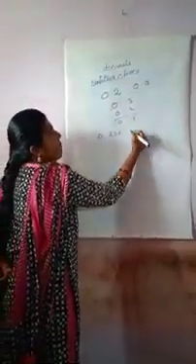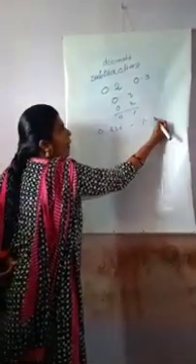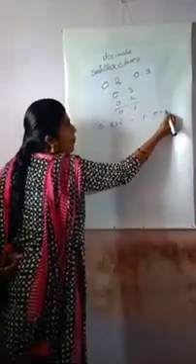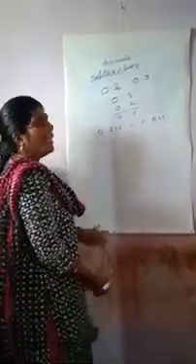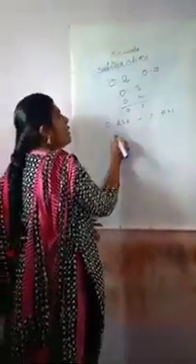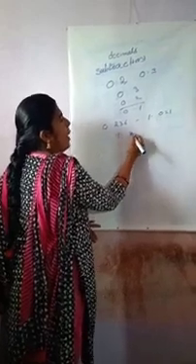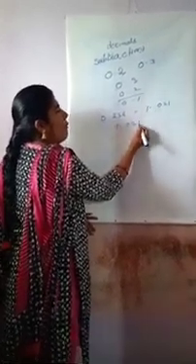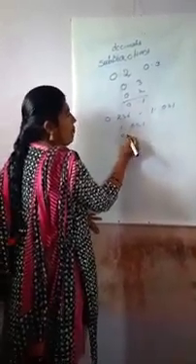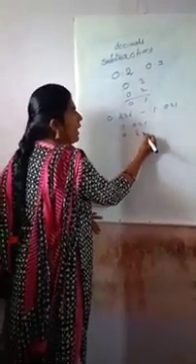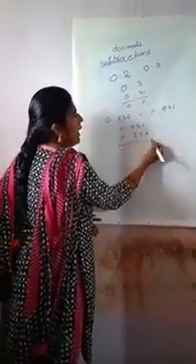0.236 minus 1.021. Okay? First, the big number, first you write down 1.021. Next, 0.236. Okay?